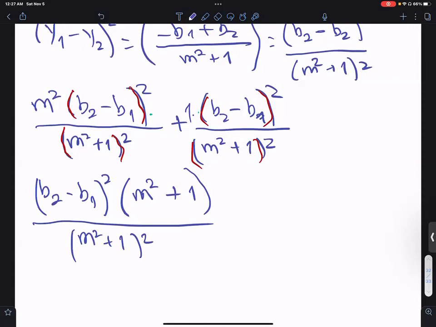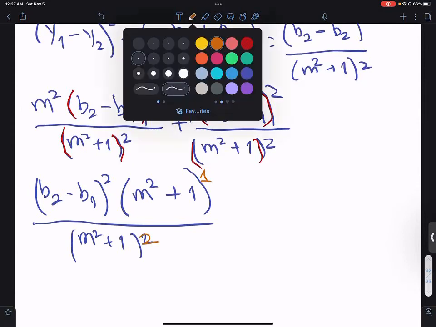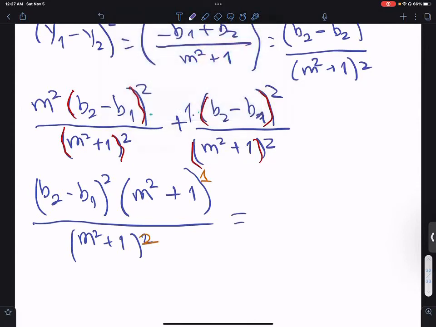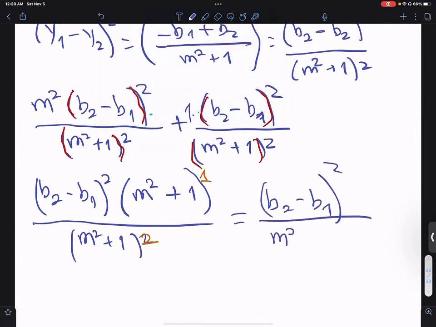You can see that this m squared plus 1 has a first power and this has a second power. The answer for this particular addition is b2 minus b1 squared over m squared plus 1, because one of them is going to cancel the other.